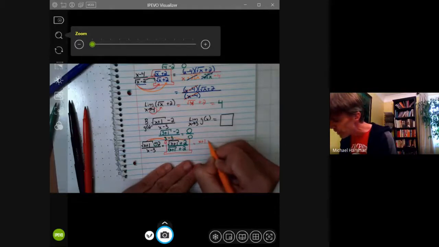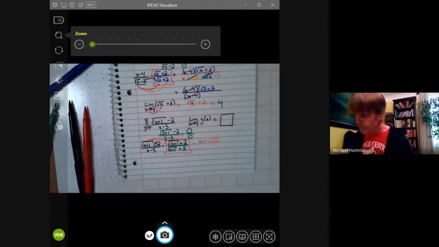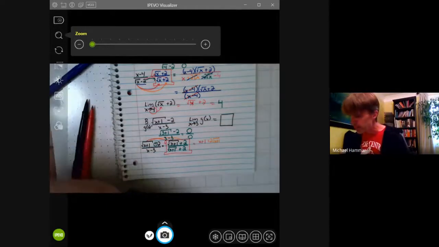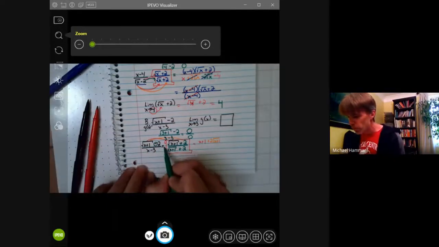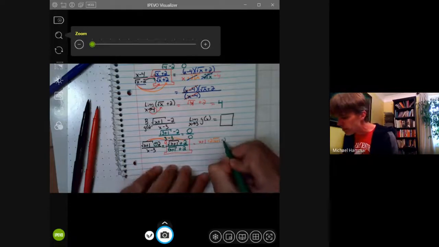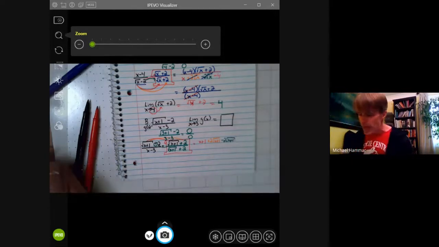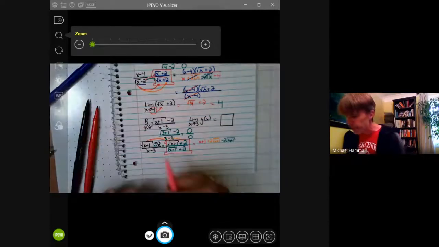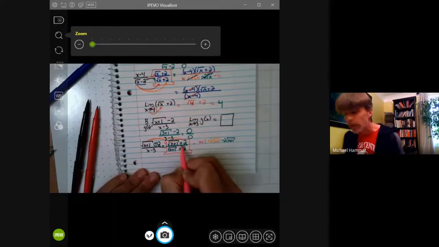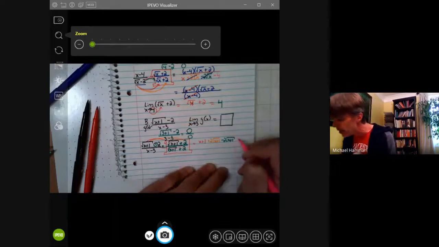So let's just leave it as is: 2 times the square root of x plus 1. Now we need to multiply this negative 2 times the square root of x plus 1. So negative 2 square root of x plus 1. And then we need to multiply the two 2's together. So negative 2 and the positive 2 is negative 4.